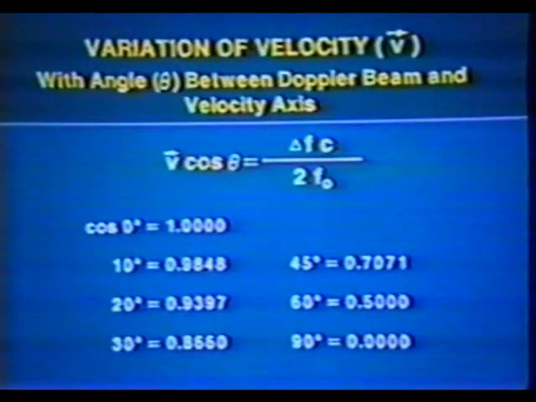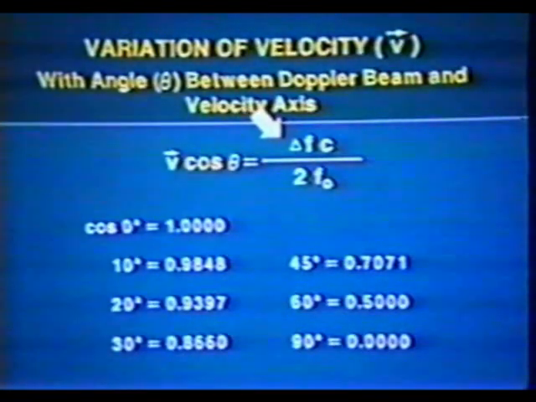In this example, the jet of blood comes through the aortic orifice in this direction, while the sound beam is directed along this axis, thereby creating this angle, which is theta. Rearranging the Doppler equation, we see that we can calculate V cosine theta from the known constants and from the Doppler shift frequency measured by the instrument.